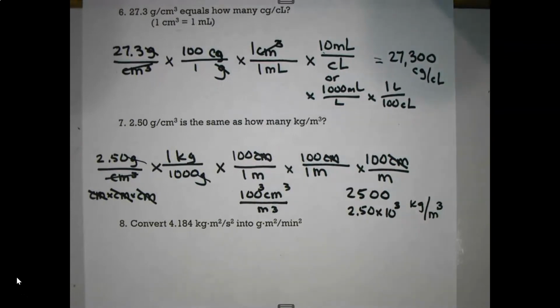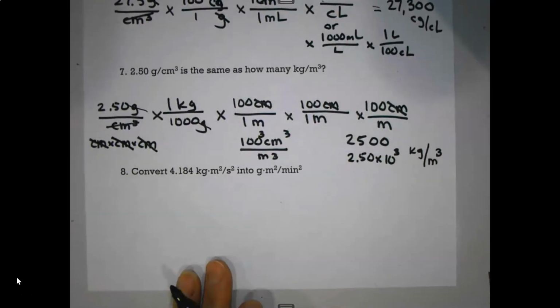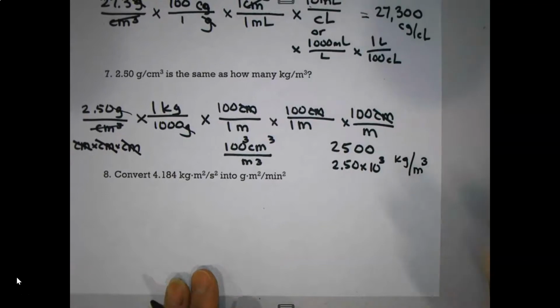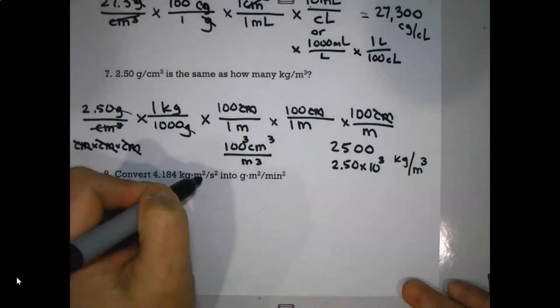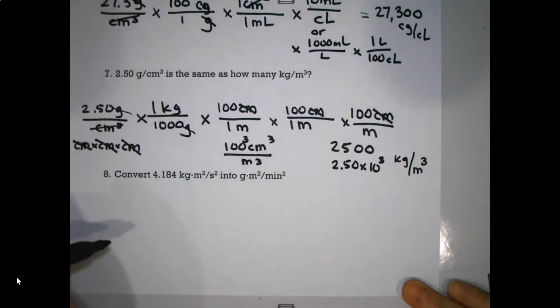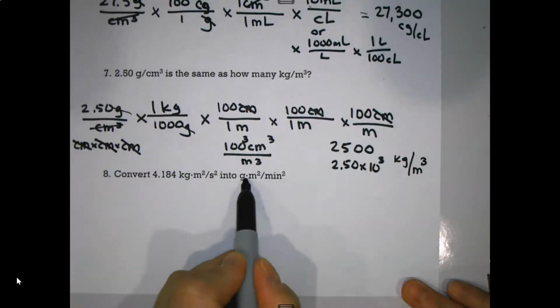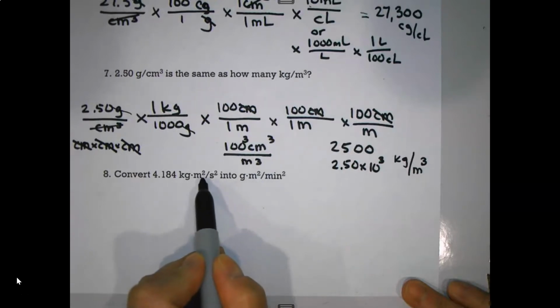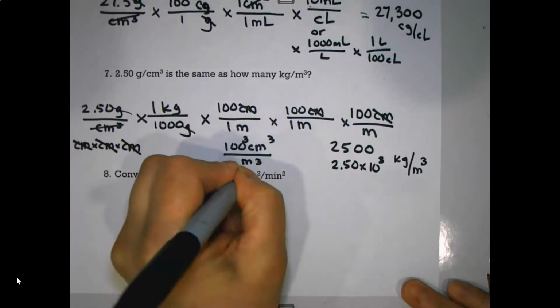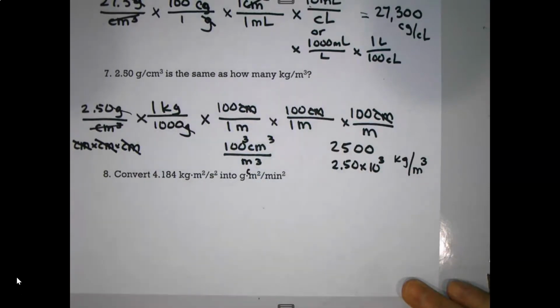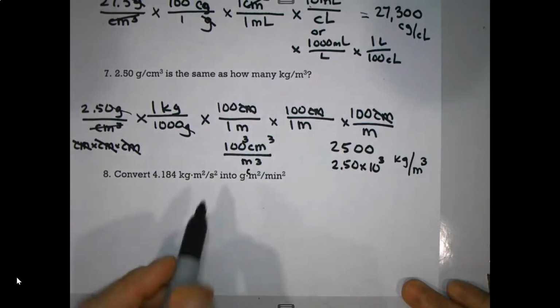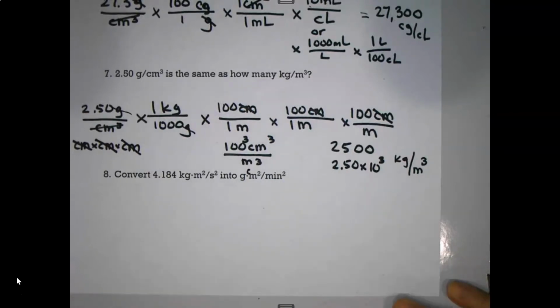All right, last one on this page. We've got 4 more to go because we're pumping it up a couple notches each time. This looks crazy, doesn't it? I've got so many units here. Kilograms and meters squared are on top, seconds squared on bottom. I've got to get that into grams, and let's make it centimeters instead of meters, because that's no fun, and seconds squared to minutes squared.